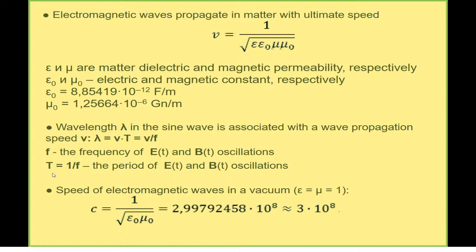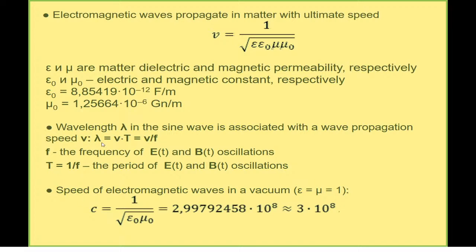And the period, if we know frequency, we can know as well. It is 1 second divided by the number of oscillations within the 1 second, and we obtain the time of one completed oscillation.